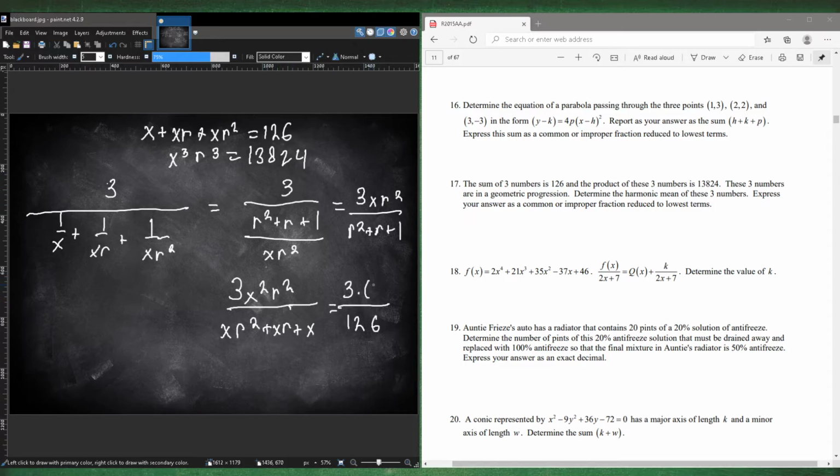So that would just be 13824 to the power of 2/3. You could just put that in your calculator. So 13824 to the power of 2 divided by 3, then multiply by 3, then divide by 126, and you should get 96 over 7. And that is your answer for number 17.